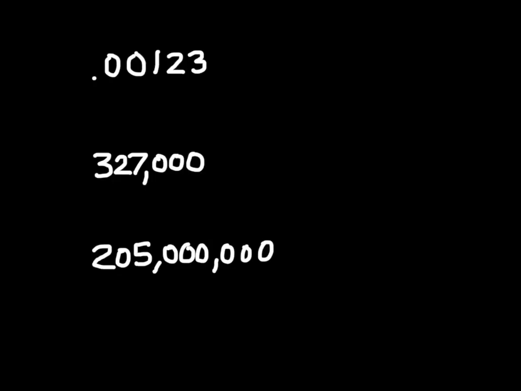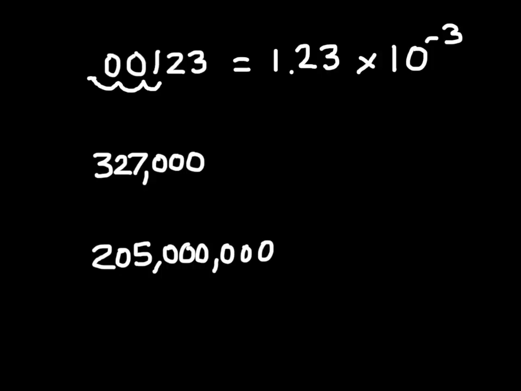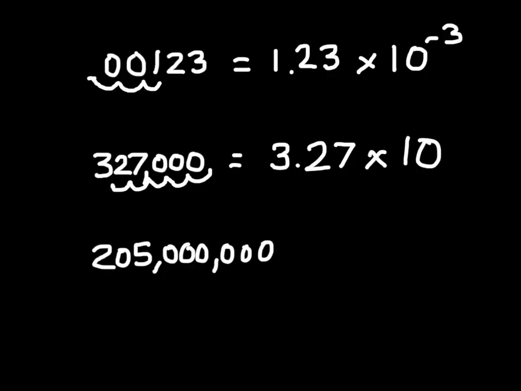Okay, here are 3 more examples. The first one, the decimal point will be moved between the 1 and the 2. So this is 1.23 times 10 to the 1, 2, 3, and it's going to be negative 3. Next, the decimal is moved between the 3 and the 2, so that's 3.27, and then multiply by 10 to the 1, 2, 3, 4, 5, 10 to the 5th power.